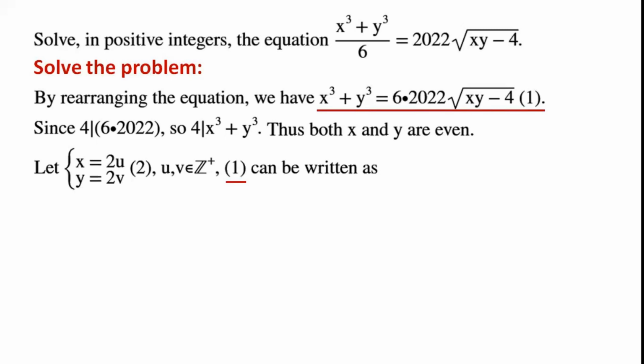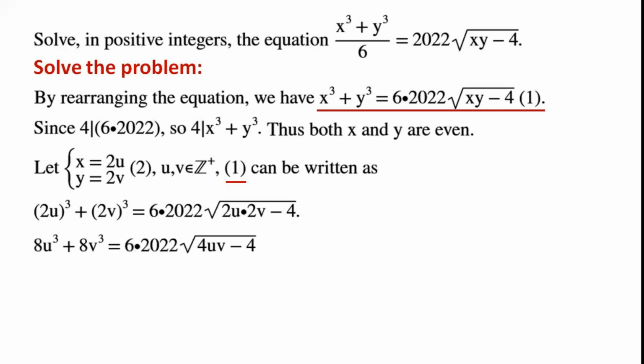Thus, both x and y are even. Let x equal to 2u, y equal to 2v. u, v are positive integers. Equation 1 can be written as (2u) all cubed plus (2v) all cubed equals 6 times 2022 times root of 2u times 2v minus 4.